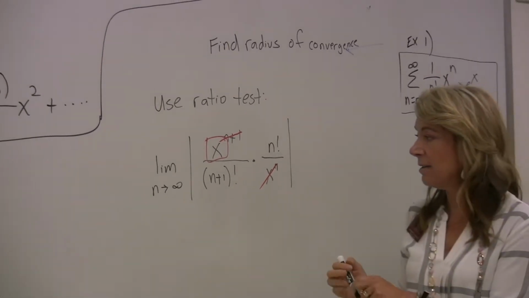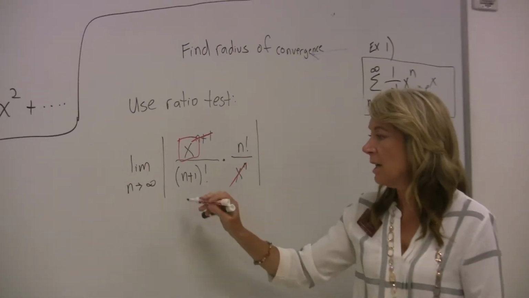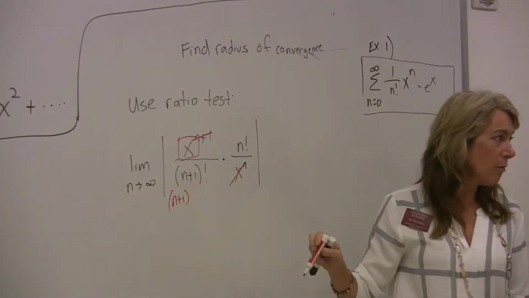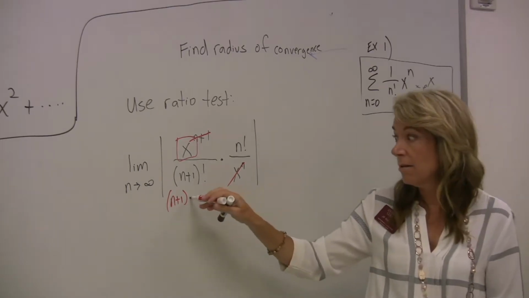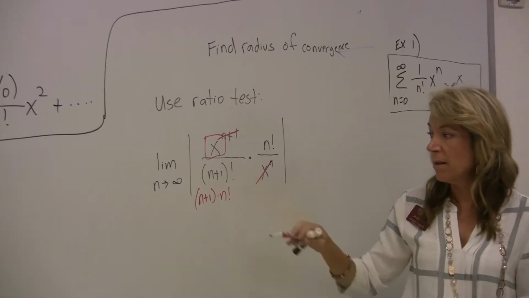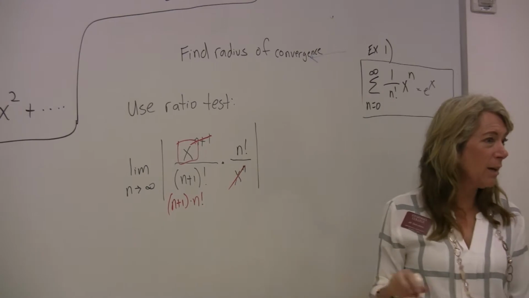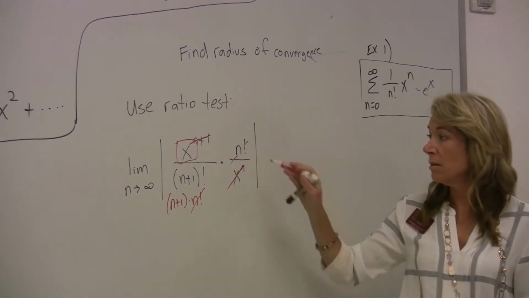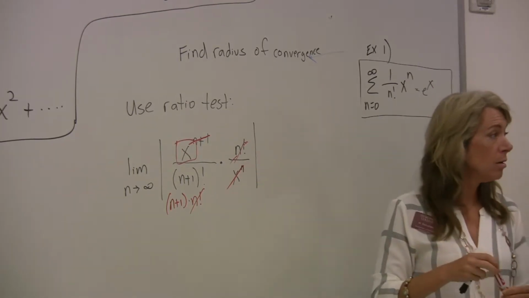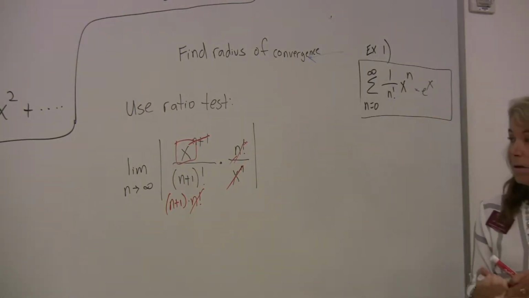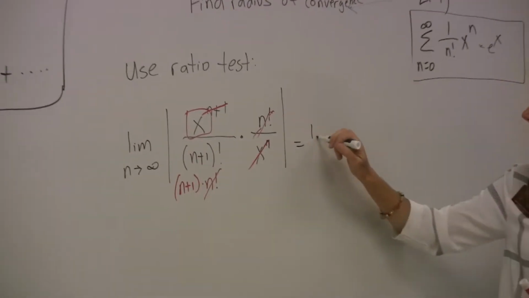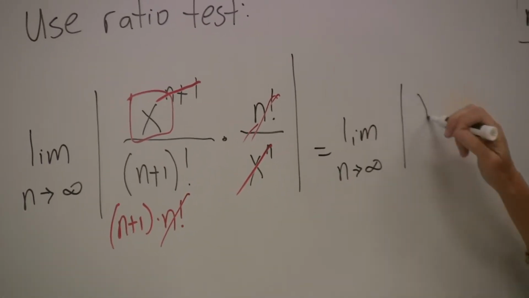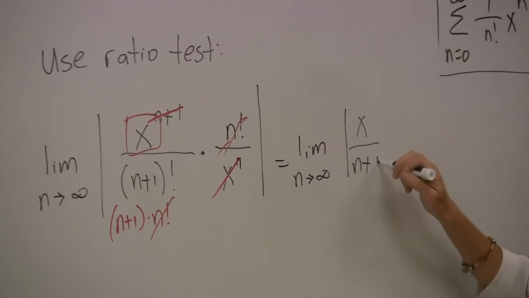Remember that this one right here is n plus 1 times the next number lower than that, which is n, and then we keep going from there, so we can actually write it this way. It's a nice shorthand way to see what's going to reduce. So the n factorials are gone. So I'm now taking the limit as n goes to infinity of x over n plus 1.